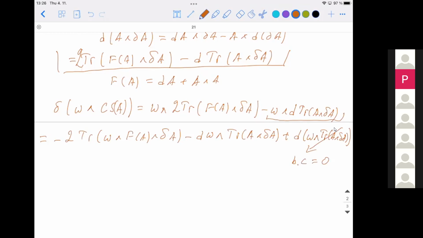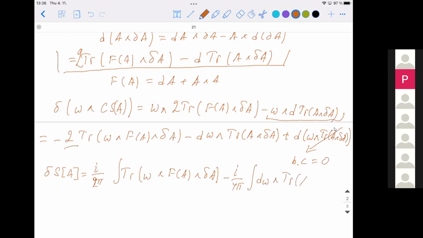And now the variation of the action would be just this: trace omega, also we have this 2 here, so 2 F_A delta A, minus i over 4 pi, and then omega trace A delta A.